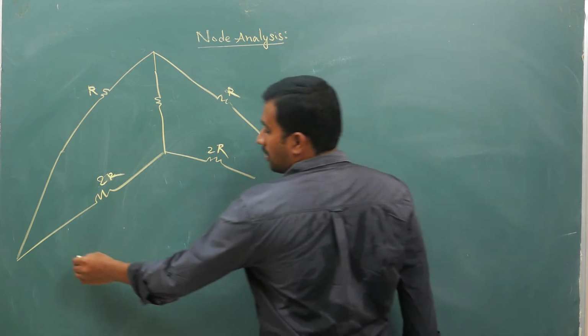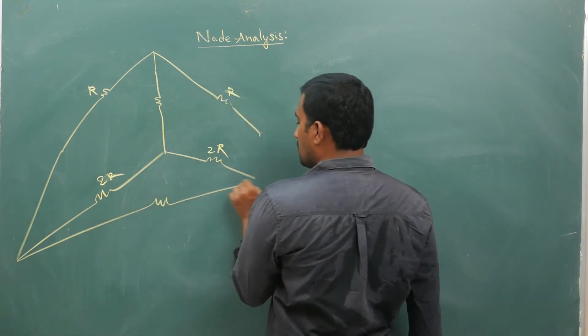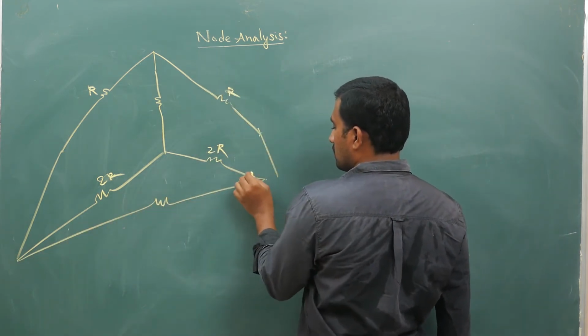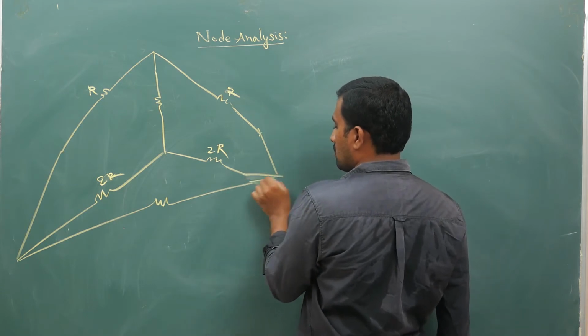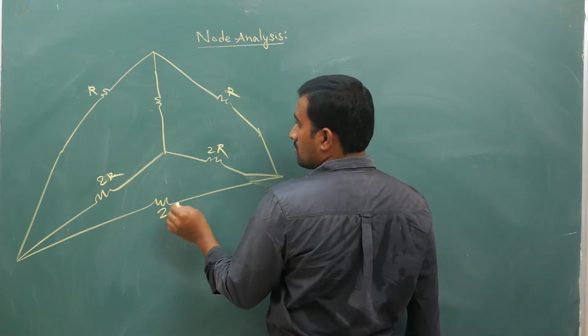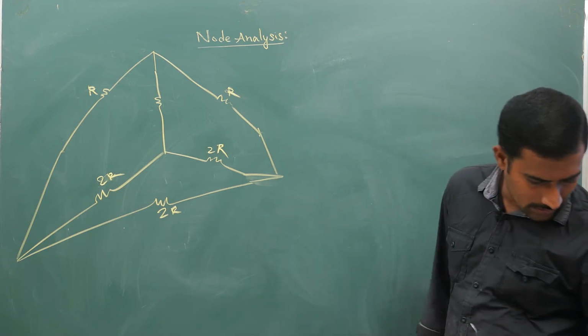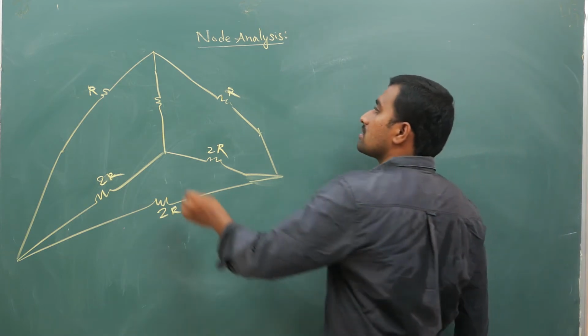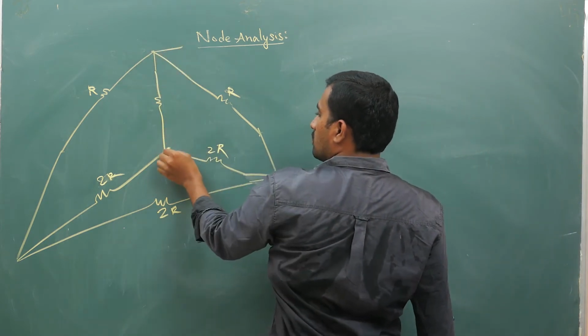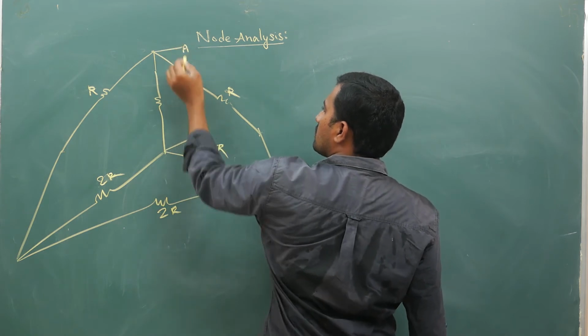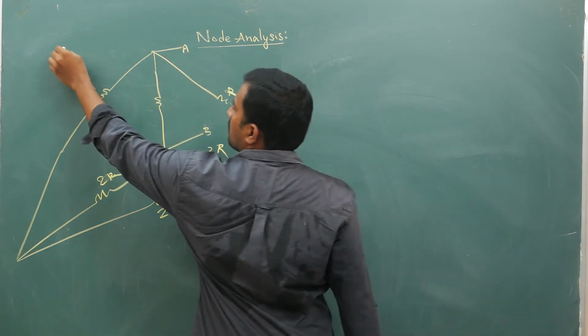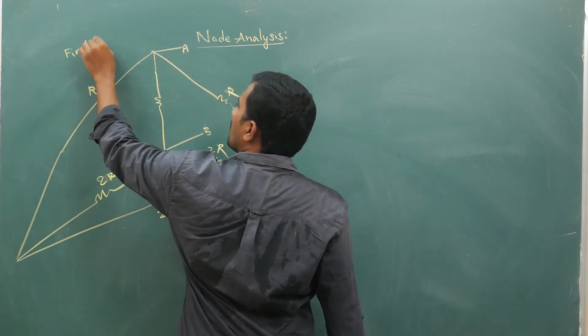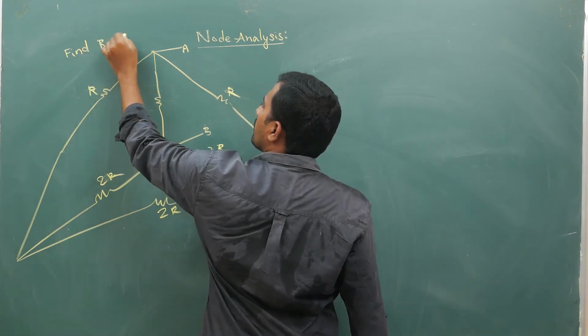Next, in the bottom also once again you have 2R. Now your question is, you are supposed to find the equivalent resistance between A and B. Find RAB is the question.